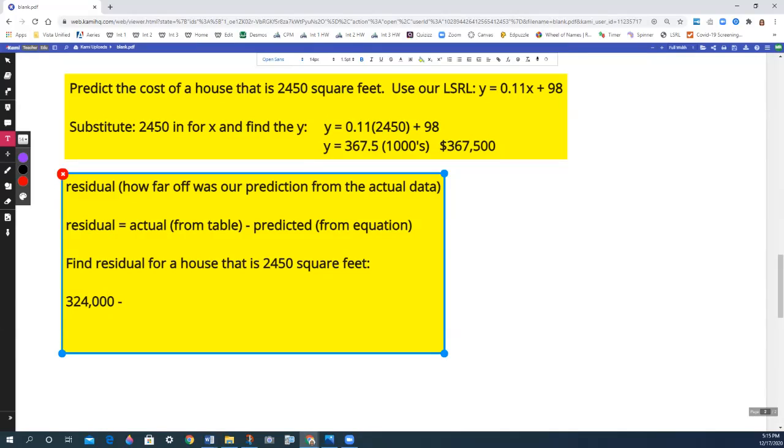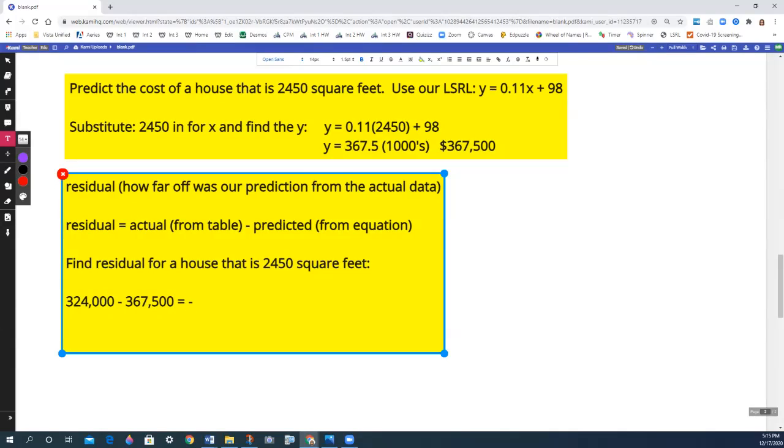Minus my predicted, which was 367,500. And that's going to tell us how far off we were. So when I do that math, 324,000 minus 367,500, I end up with a negative 43,500.